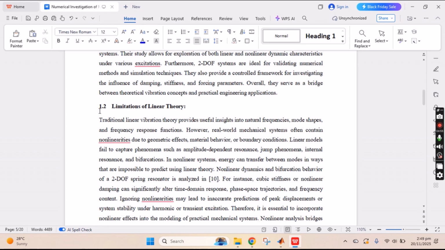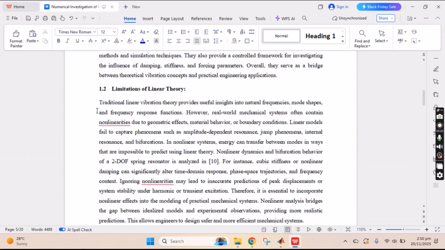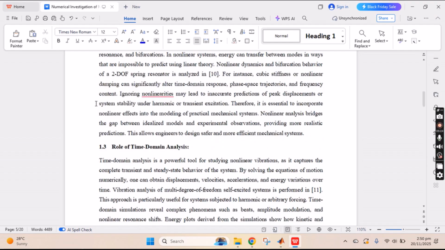It does not cover the nonlinearities of the spring system, of the dynamic system, of the MEMS system. So that's why we need to cover that. We need to find another method, which is basically the nonlinear dynamic and bifurcation behavior of the two DOF system, with spring resonance in the nonlinear time domain response.